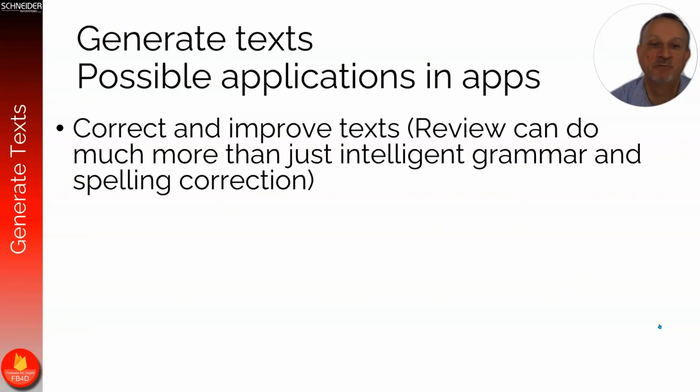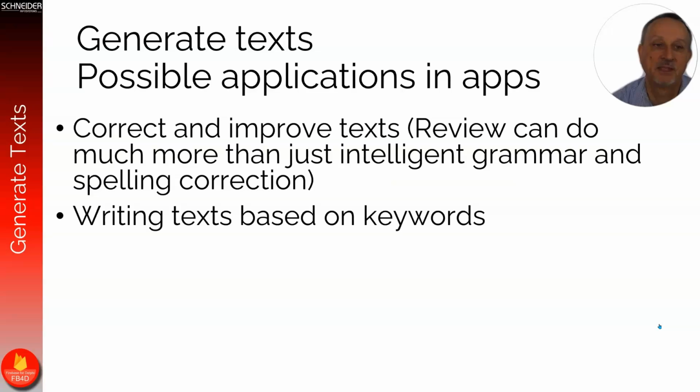What can we do with this text generation functionality? Here I list possible applications in apps. We can correct and improve texts. The review can do much more than just intelligent grammar and spelling correction. But we can also allow writing text based on keywords.